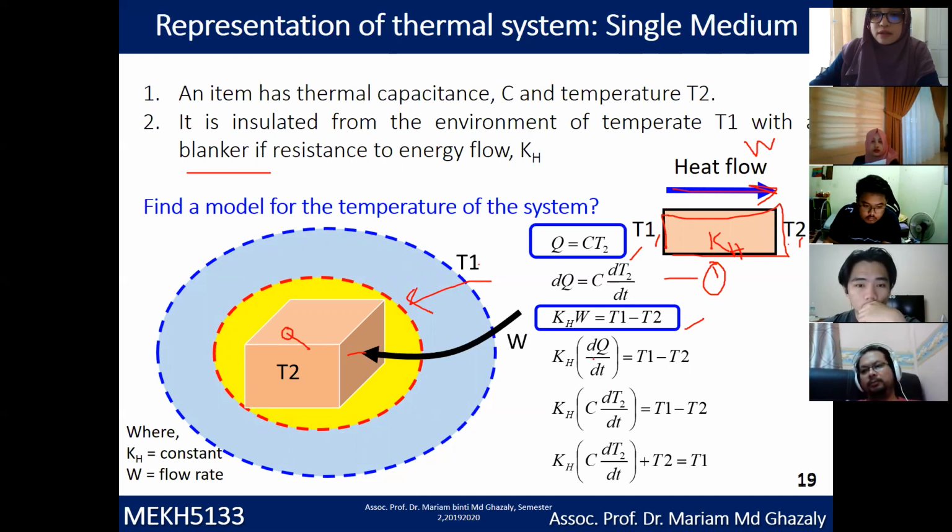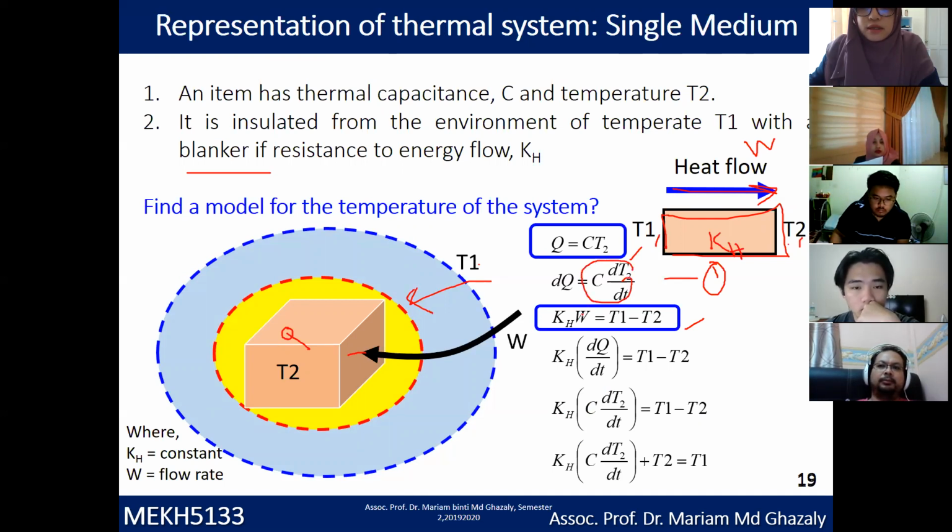So substitute the equation. We know that W is the differentiation of the energy flow just now. So you have KH dQ over dt equivalent to T1 minus T2. Substituting, KH C dT2 over dt equals T1 minus T2.